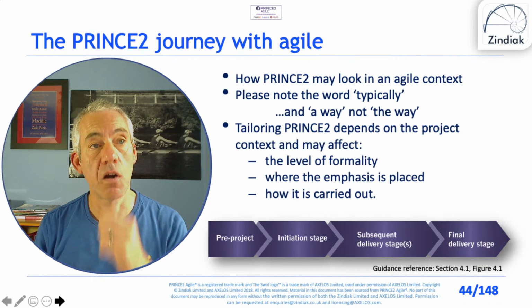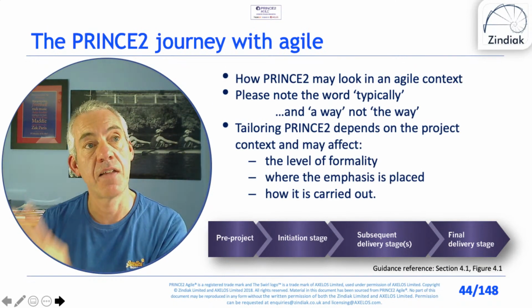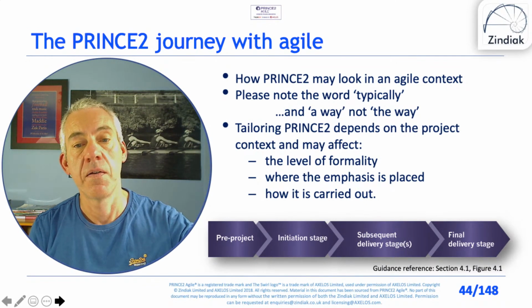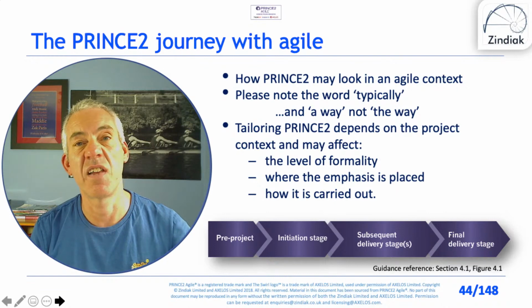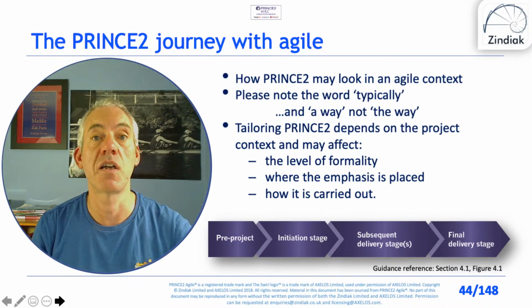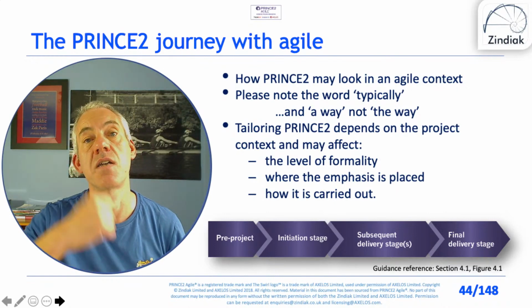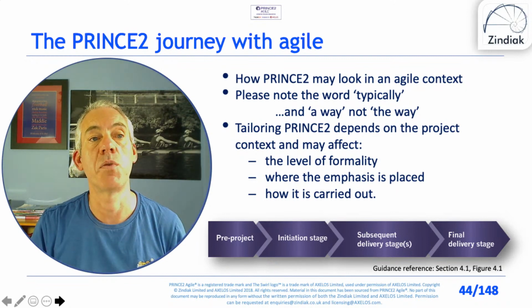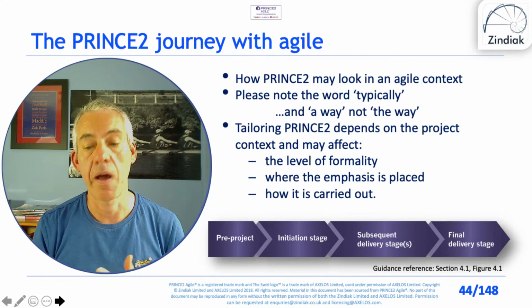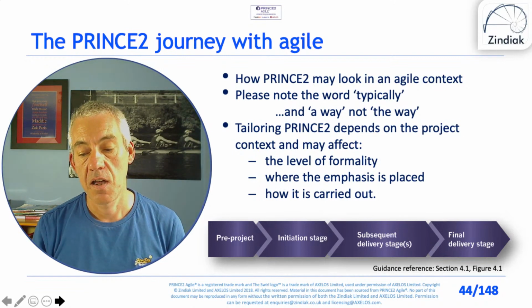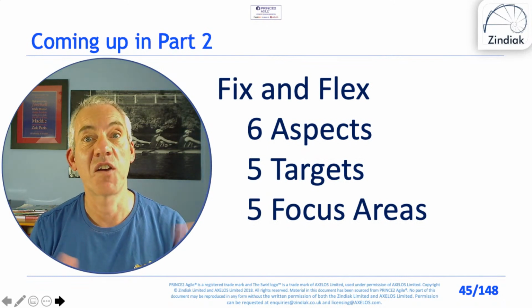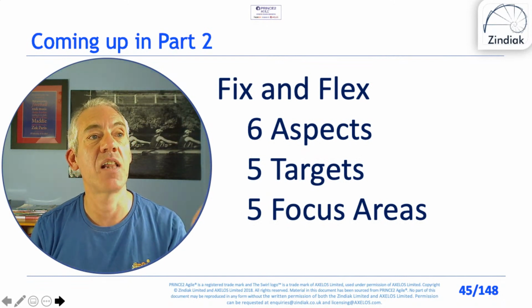So what's coming up in the later stages is the PRINCE2 journey with Agile. In the guidance, they refer to it as the PRINCE2 journey. That's the process, going from starting up a project, through initiating a project, through the delivery stages to closing a project. We talk about how to use that in part 2, which we've already recorded, but is there for you, available.